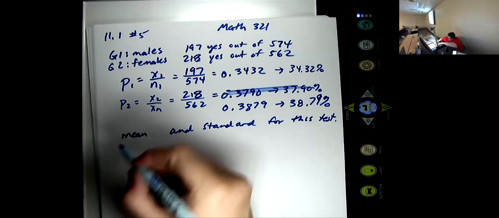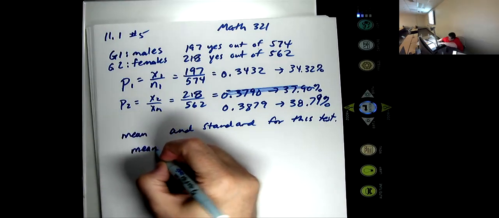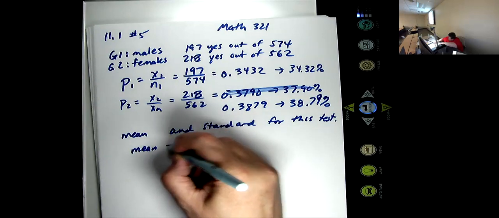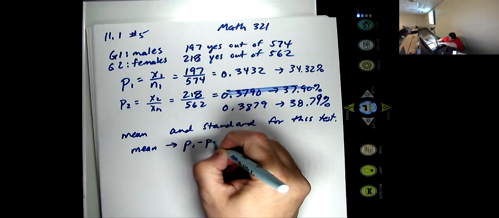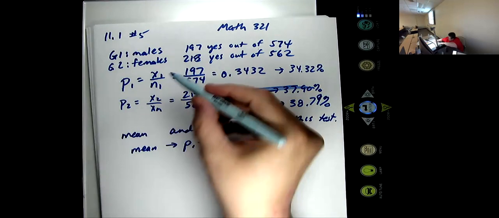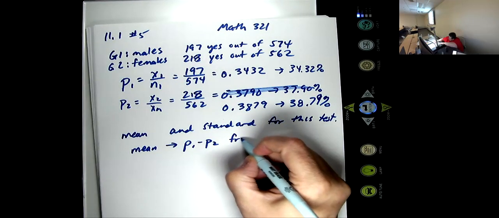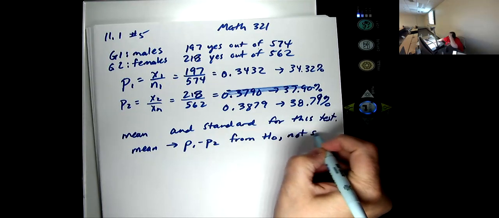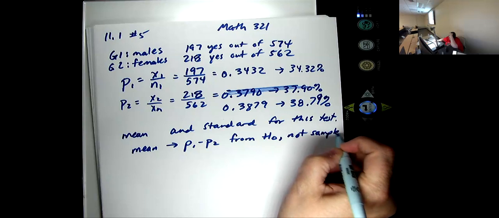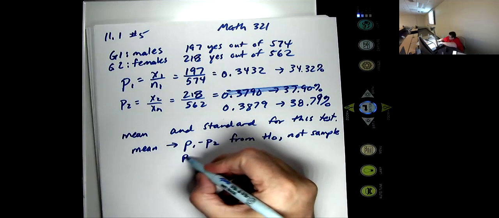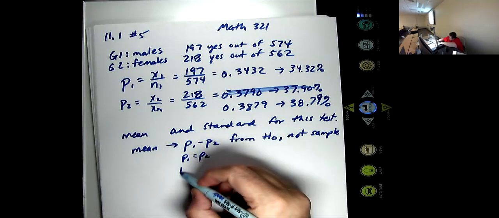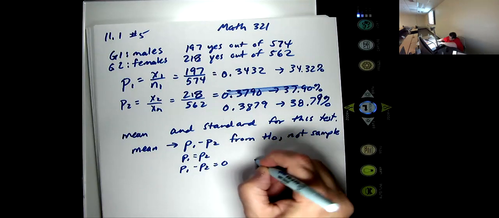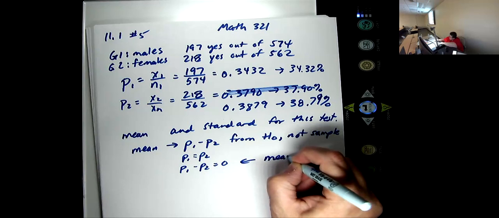The mean is the result of P1 minus P2, and it comes from H naught, not from your sample. So P1 equals P2, P1 minus P2 equals 0. So the mean is going to be 0. That's what they're looking for.